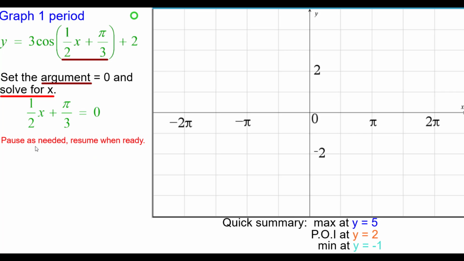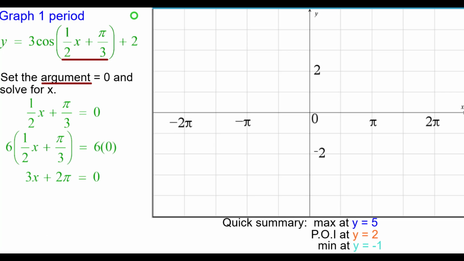Algebraically, we'd like you to pause to do this. So I multiplied both sides by 6 to clear out the fractions, subtracted 2 pi from each side, and divided each side by 3. So at x equals -2 pi over 3, that is when the first wave or period begins on this graph.